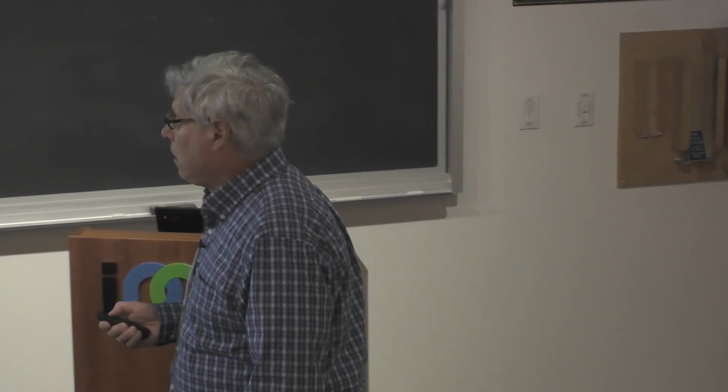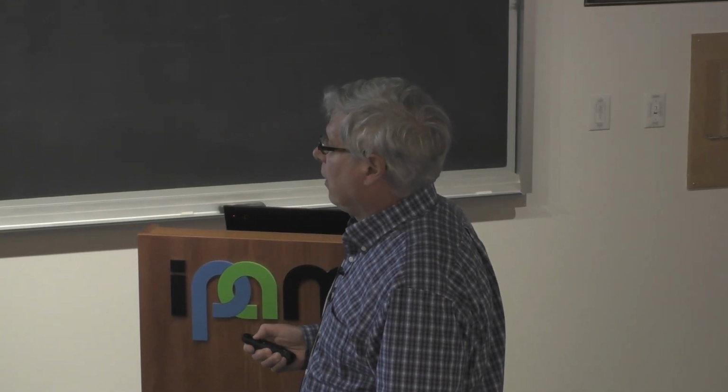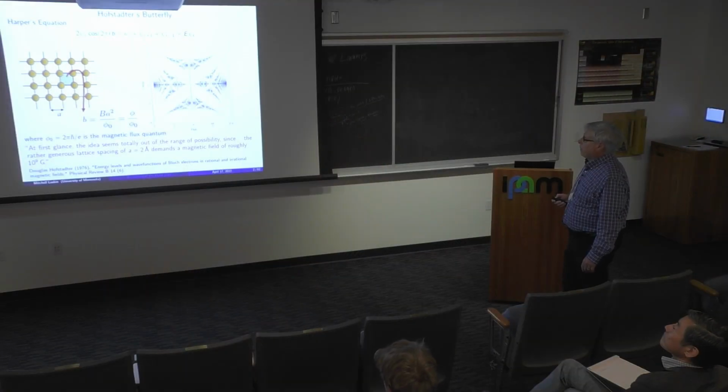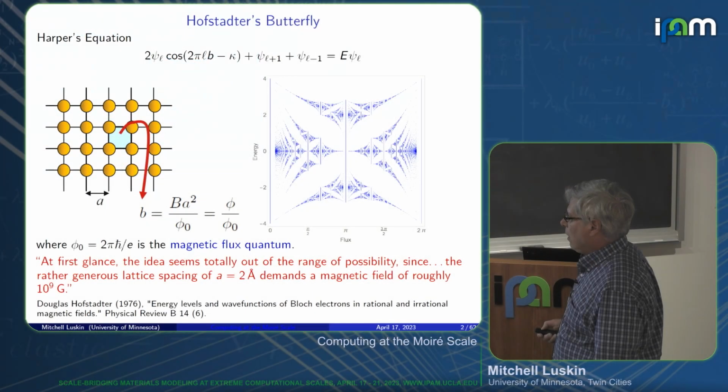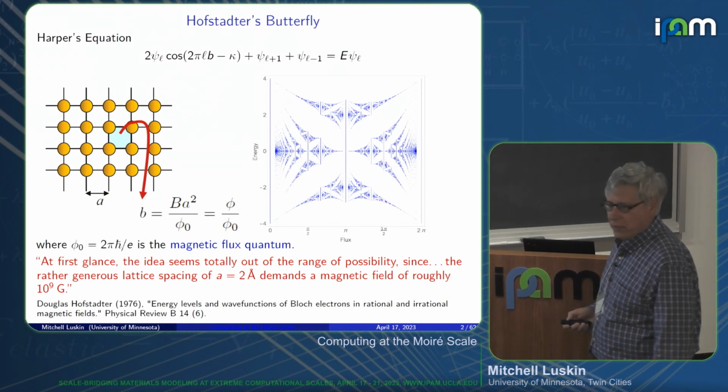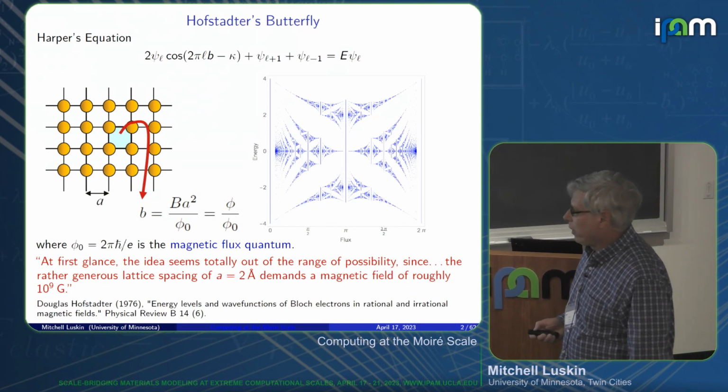So, the best way I know to start is to discuss this very famous mathematical physics model called the Hofstadter butterfly. And simply what that is, you have a square. This was in Douglas Hofstadter's thesis at the University of Oregon.